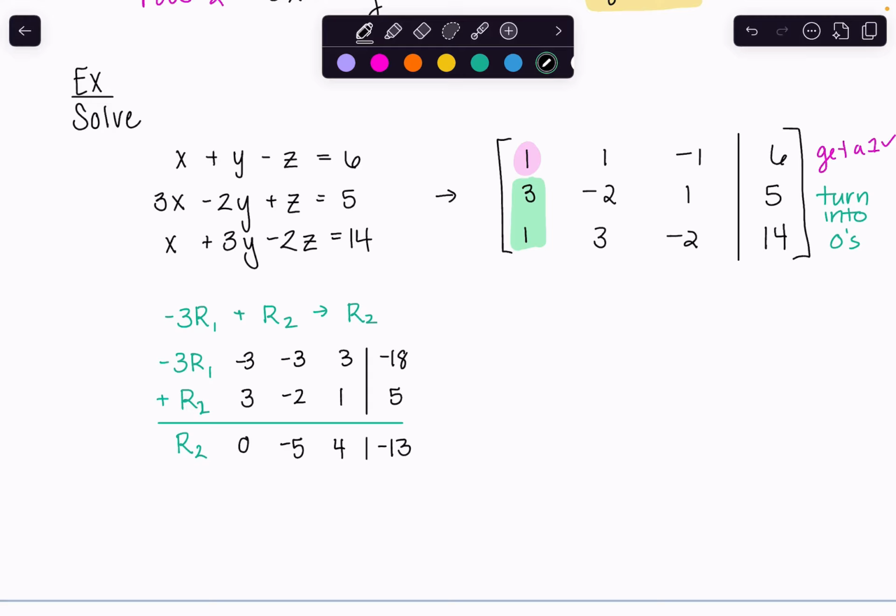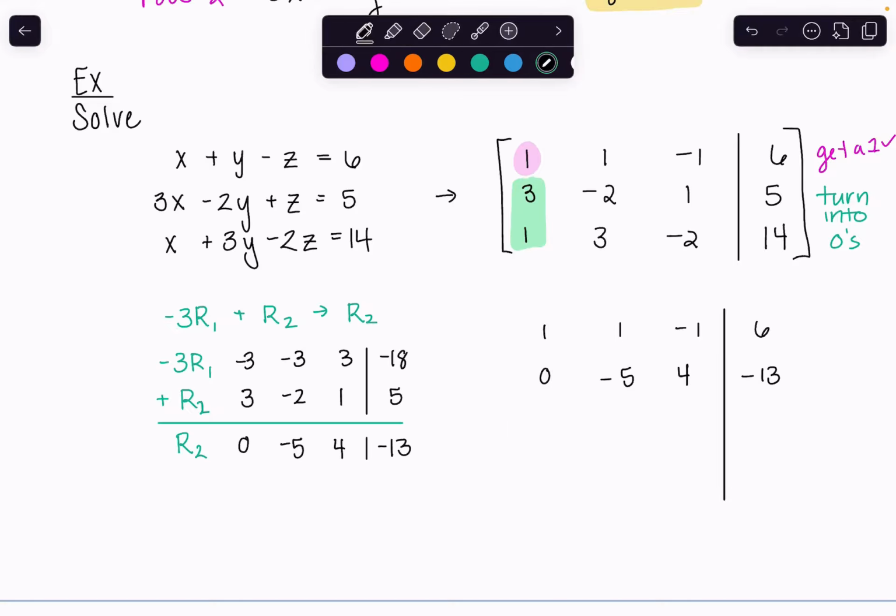Okay. So I'm going to simultaneously update my matrix. First row untouched. And now I have a new second row, which is 0, -5, 4, and -13.